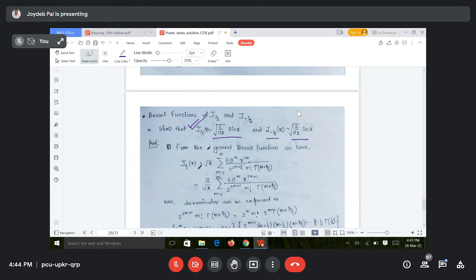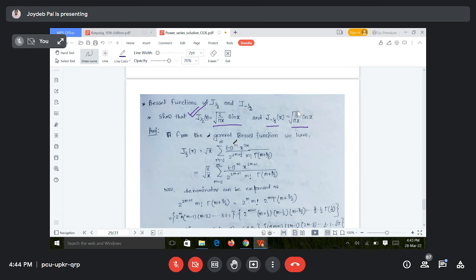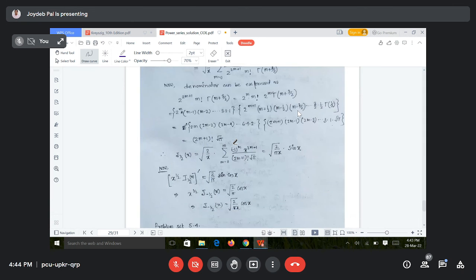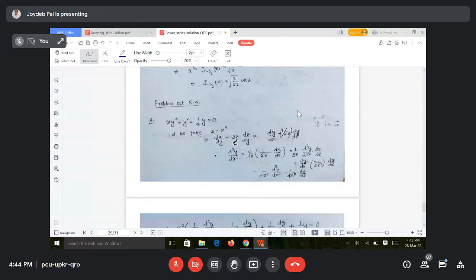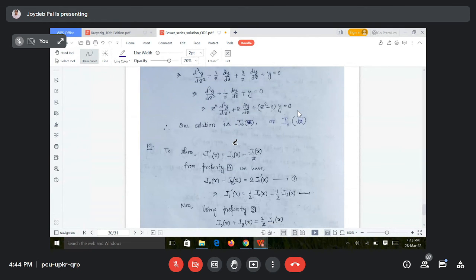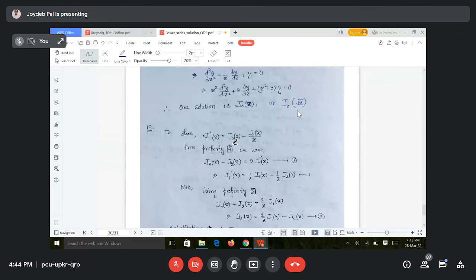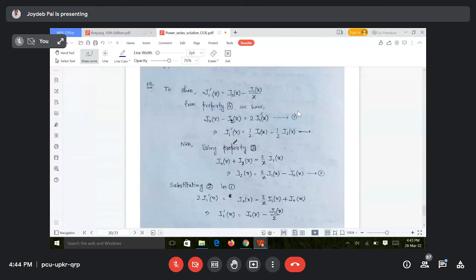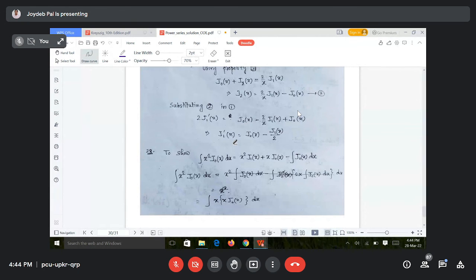In the next class I will show you these two proofs, and there are some other problems related to integration and differentiation of Bessel function. Like problem number 23, the integration of x square J naught x dx is equal to x square J1 plus x J naught minus the integration of J naught.